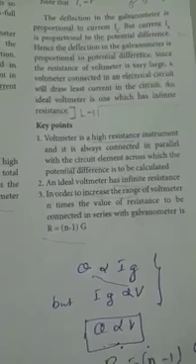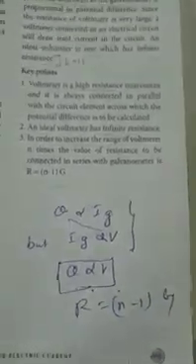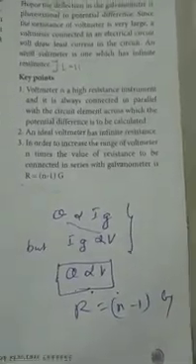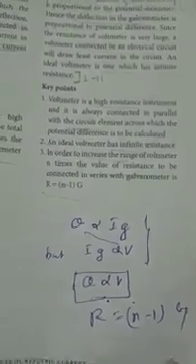So our galvanometer is converted into a voltmeter by connecting a high resistance in series with the galvanometer. That's all.